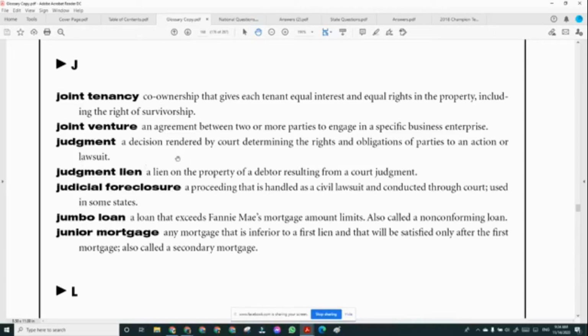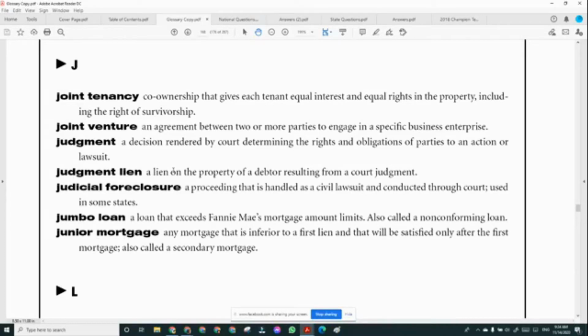Judgment, a decision rendered by court determining the rights and obligations of parties to an action or lawsuit. So when there is an encumbrance on a property, one of them could be a judgment, right? A judgment that was attached to the property.